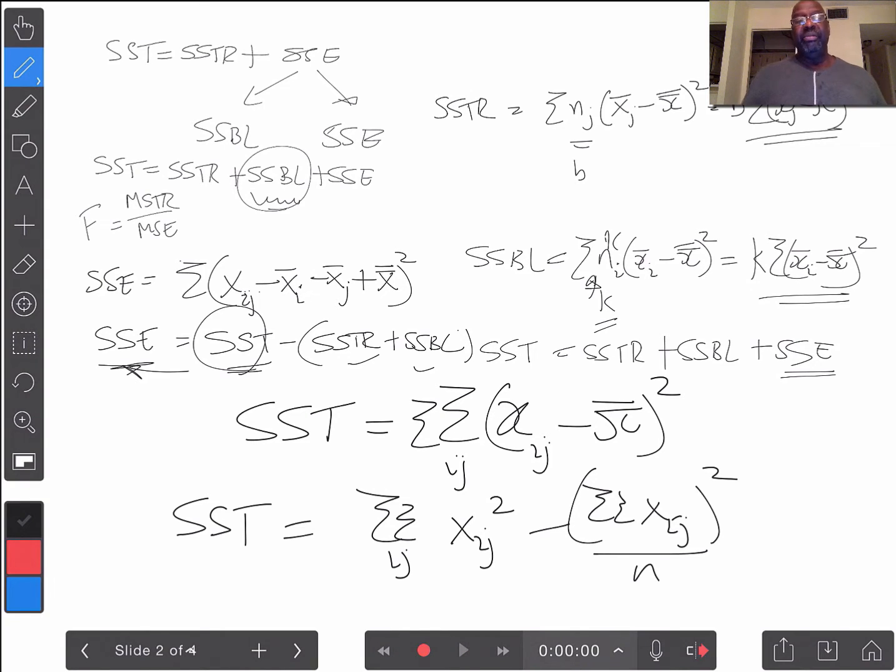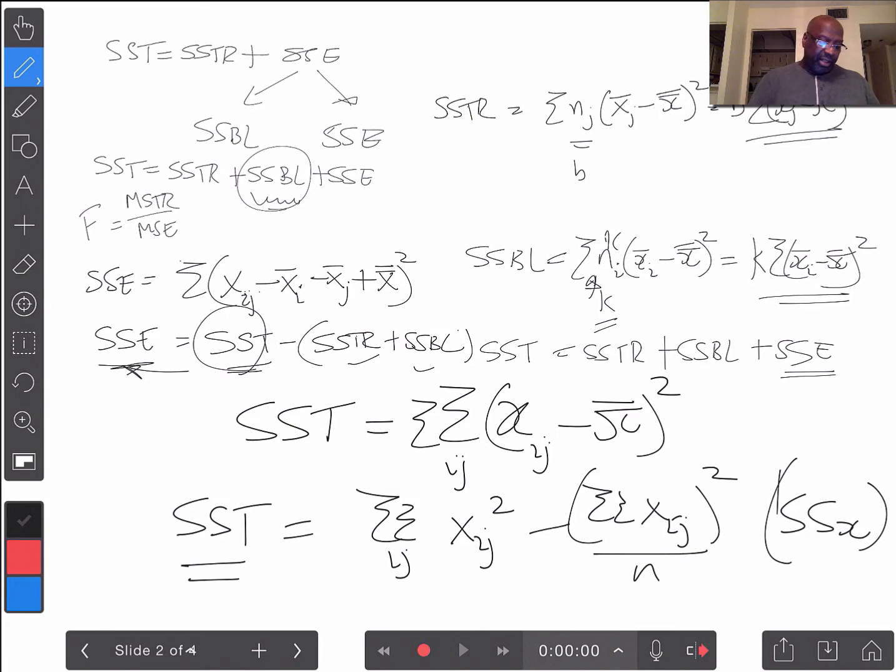Doesn't that look familiar? That's exactly the same formula that we use, and we refer to it usually in a single sample problem that we did much earlier in chapter 3. We call it SSX, sum of squares due to x. Well, here we just call it SST in the context of ANOVA, the total sum of squares, but it's the same as the SSX for that sample if we were trying to find the standard deviation.